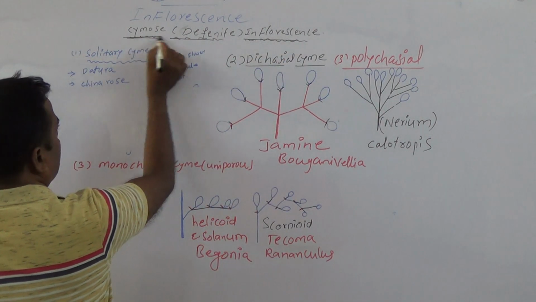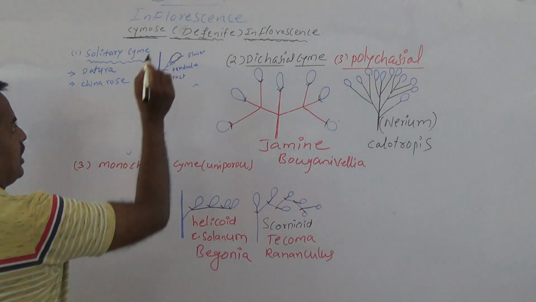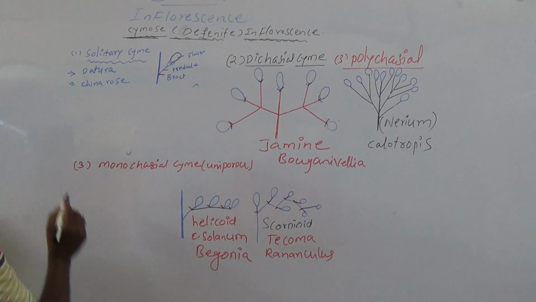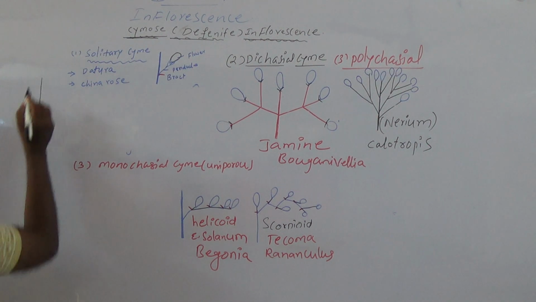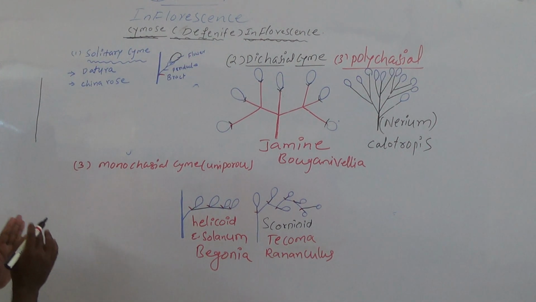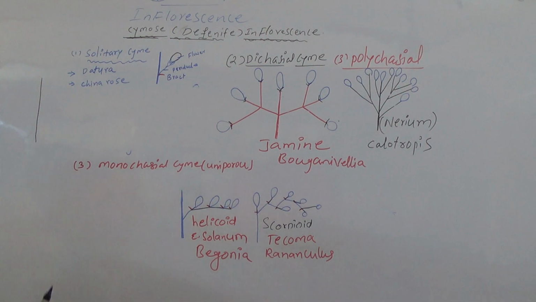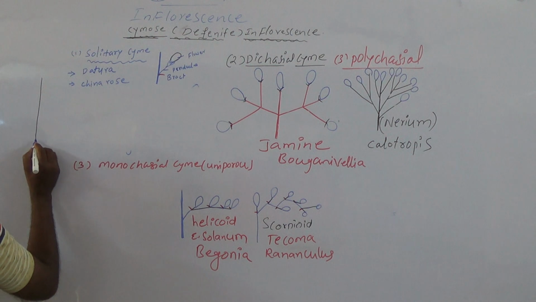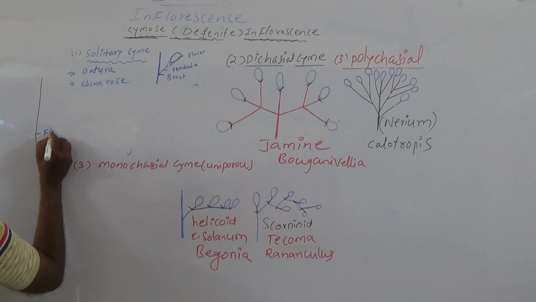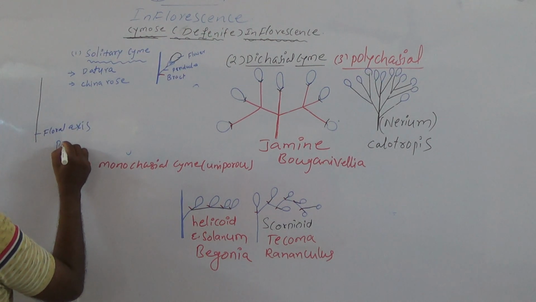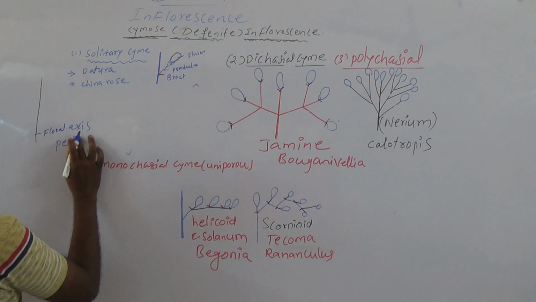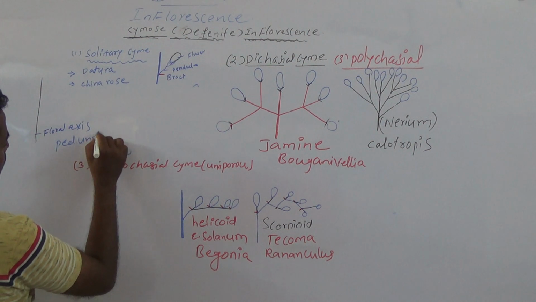First of all, what is cymose inflorescence? Cymose inflorescence is where the floral axis growth is definite. But in racemose, the floral axis growth is indefinite. This is the floral axis, also called the peduncle.